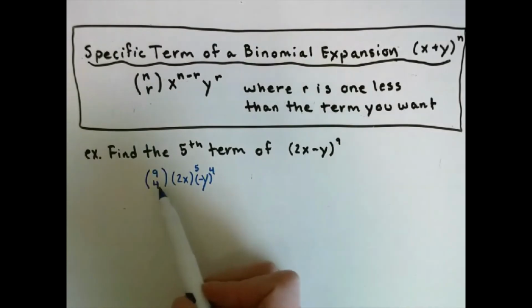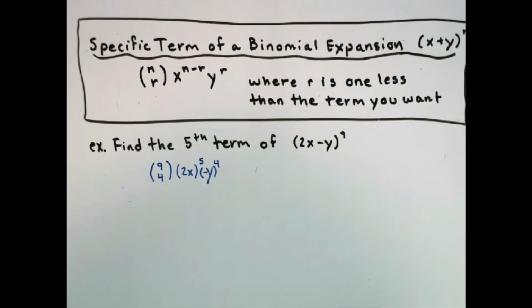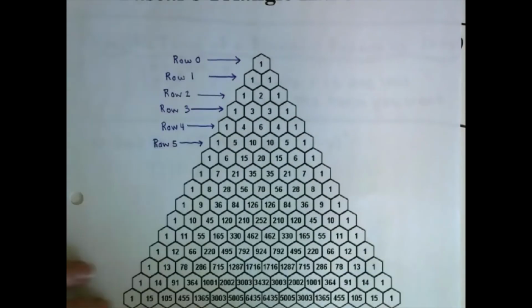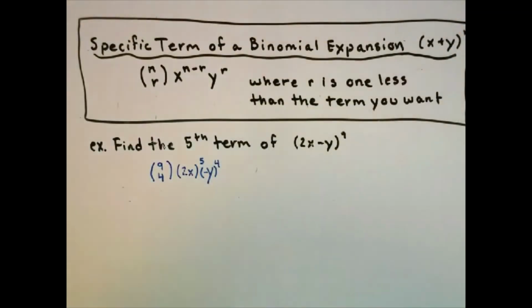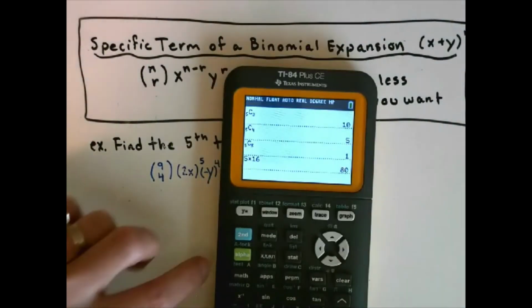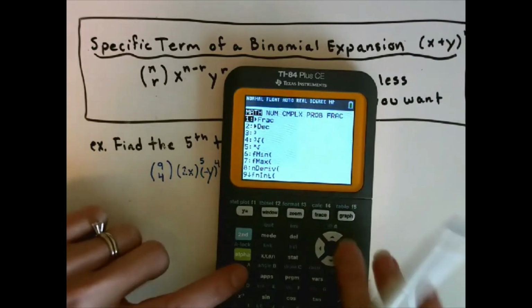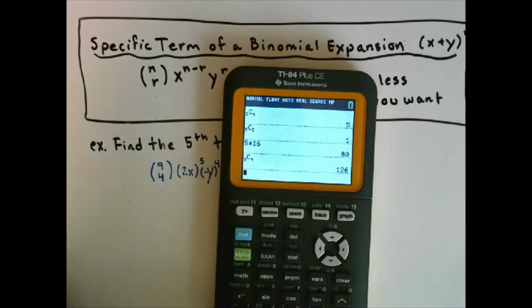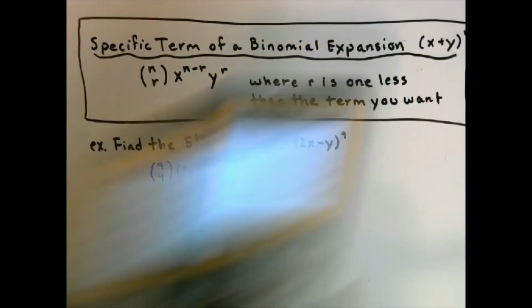Okay, so to do this, you have options. You can use the combination formula in your calculator and do 9 choose 4, or you can go to your Pascal's triangle and go 0, 1, 2, 3, 4 to get that 126, or you use the calculator and do 9 choose 4 to get 126.